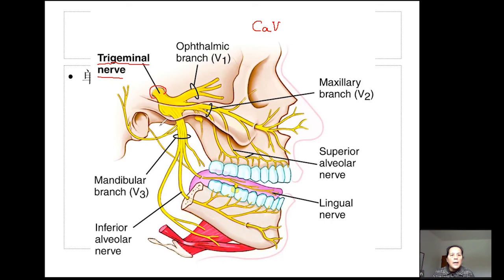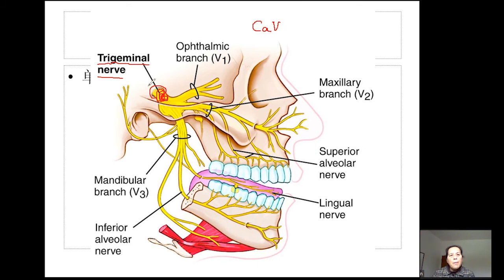So if a patient has TMJ inflammation or swelling, it can affect this nerve. This nerve mainly has a sensory function, feeling something. So if this nerve has trouble, or the TMJ is inflamed and swollen, it can cause pain in the face.